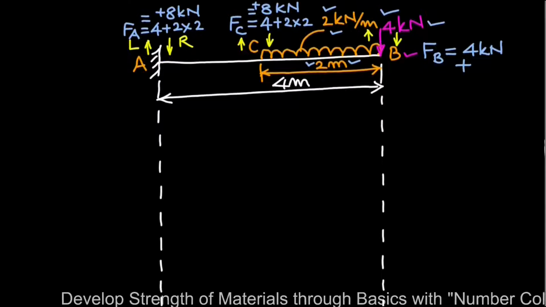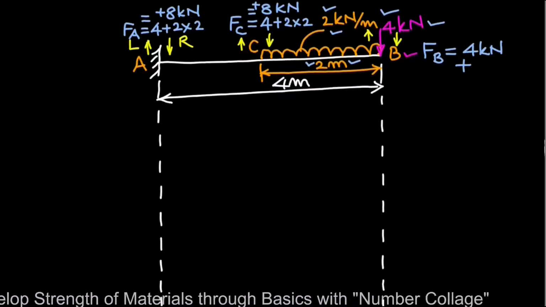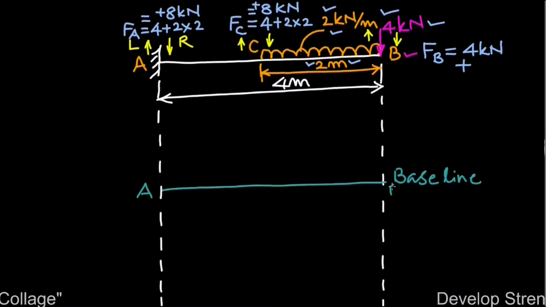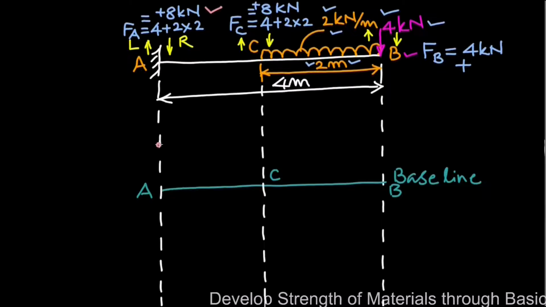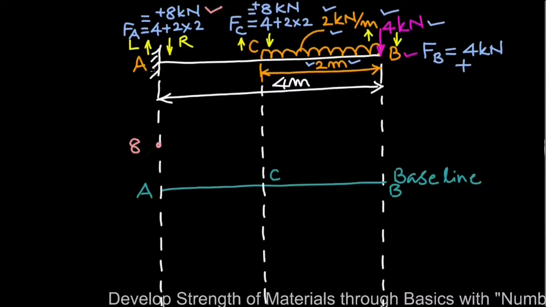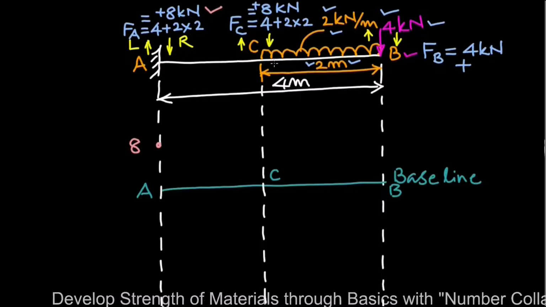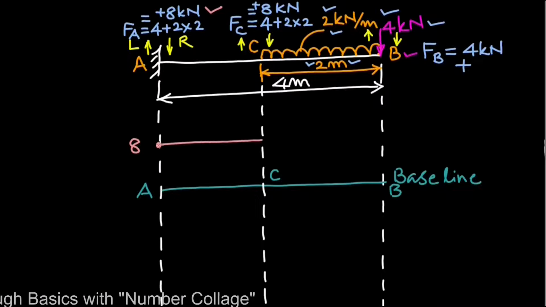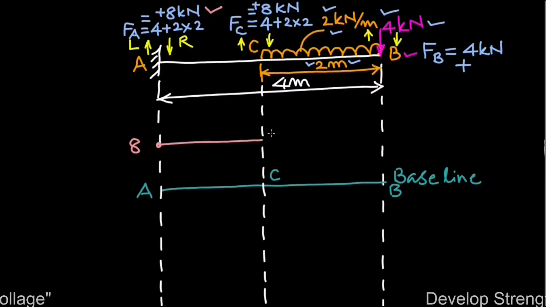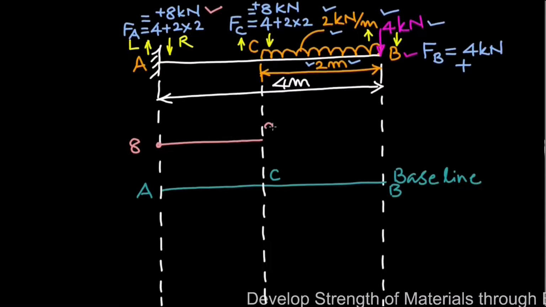For shear force diagram, first we will draw the baseline A, B and C. Shear force FA is plus 8 kilonewton, which we mark over here. There is no loading between point A and C, so the shear force curve will be horizontal from A to C. At point C, the shear force is 8 again.